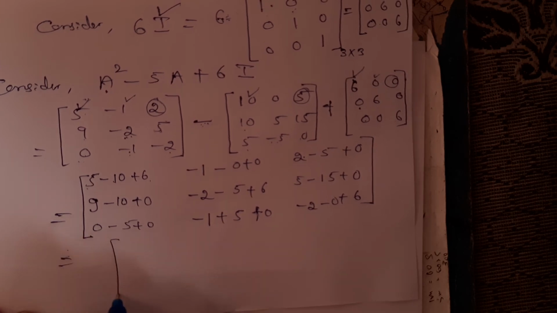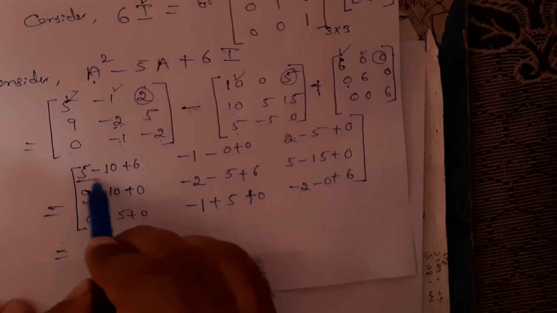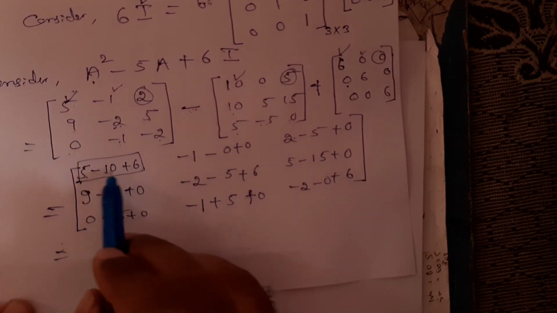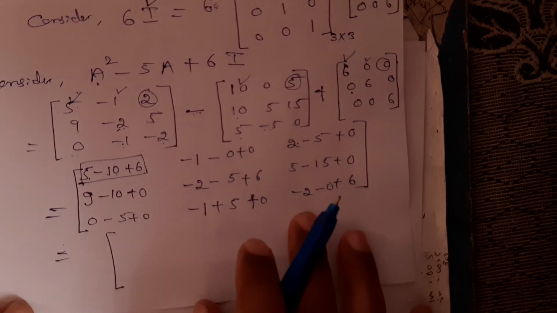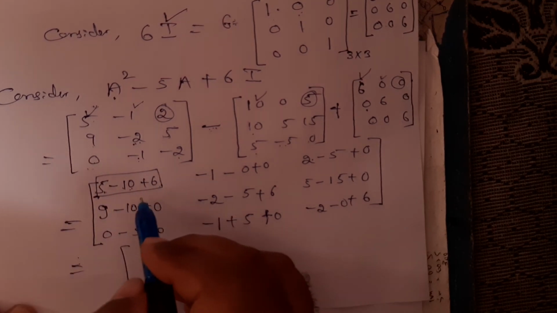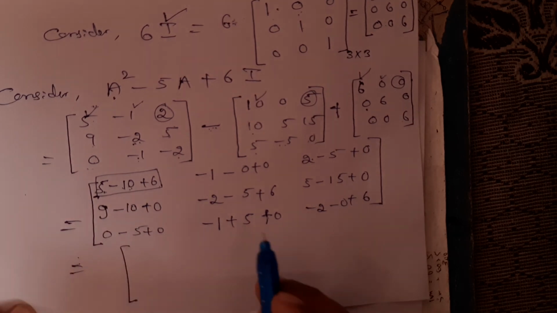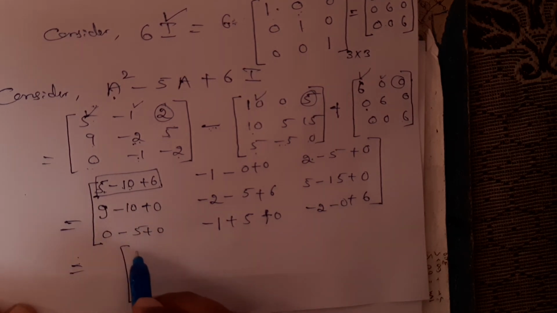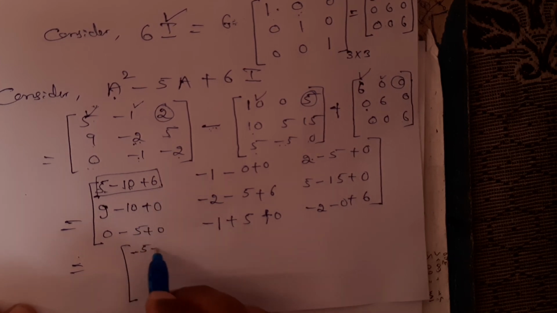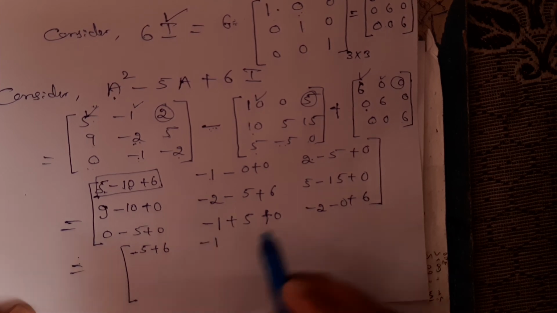So now we can simplify it and write the answer in this step here. See 5 minus 10 plus 6. So 5 minus 10 is minus 5, plus 6. Then minus 1 minus 0 will be minus 1 only.